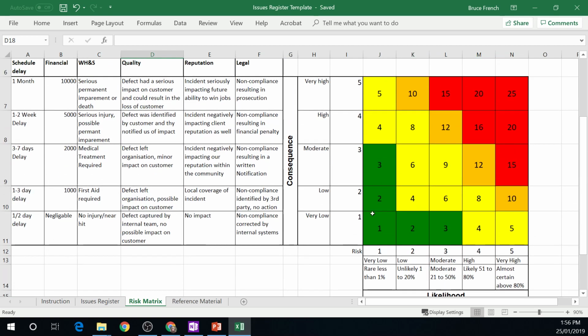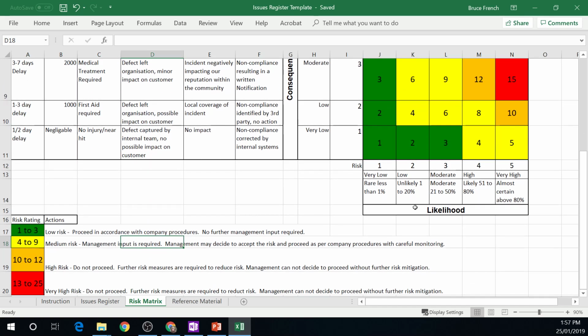If, however, the likelihood of this Category 2 consequence is at the moderate level, so it could be a 50-50 chance of occurring, at this level it's sitting at 6. So it's at a moderate level of risk, and we come back to our medium level of risk, and management input is required.